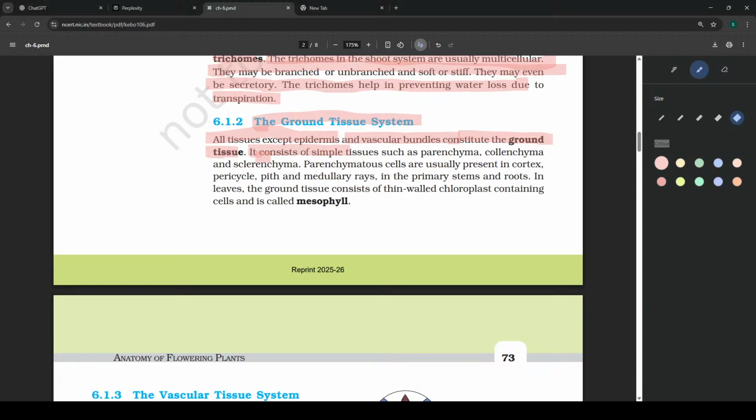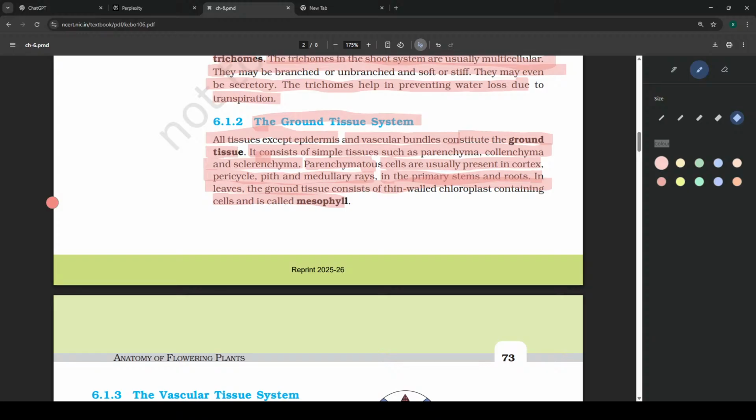It consists of simple tissues such as parenchyma, collenchyma, and sclerenchyma. Parenchymatous cells are usually present in cortex, pericycle, pith, and medullary rays in the primary stems and roots. In leaves, the ground tissue consists of thin-walled chloroplast containing cells and is called the mesophyll.